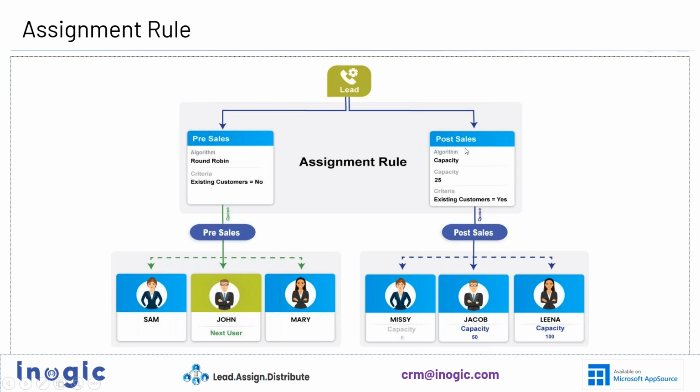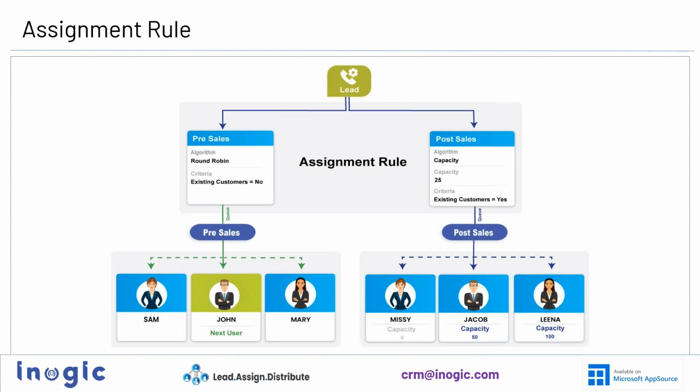Now, in the current situation, we see that Missy does not have any available capacity, as she has already exhausted all her units. The next one is Jacob, and currently Jacob has the available capacity of 50.